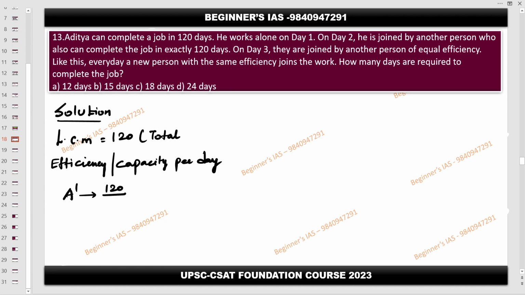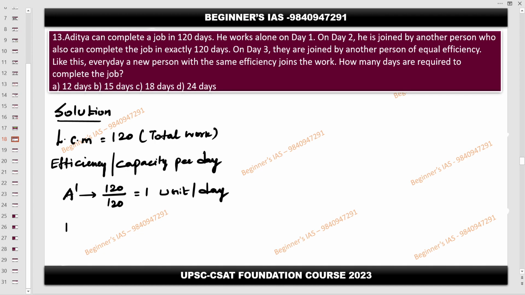So this is going to be the total work. Then divide by the number of days taken by Aditya to complete the whole task, 120 days. Therefore, Aditya is having the capacity of completing 1 unit per day.